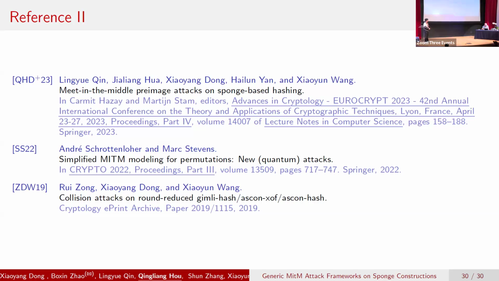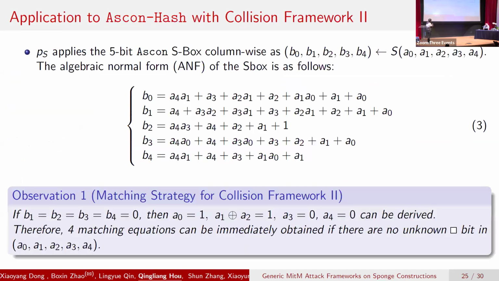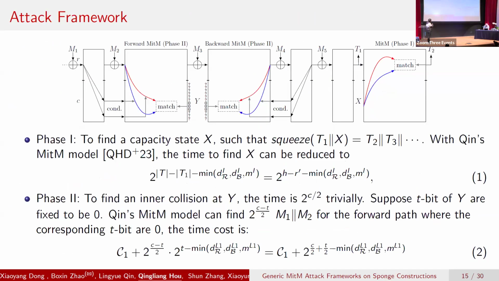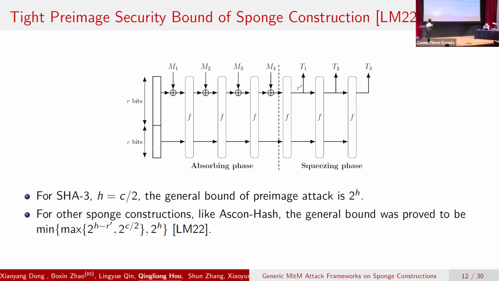So did you try to apply your techniques to SHA-3, to Keccak? For SHA-3 and Keccak, the parameter h equals c over 2.